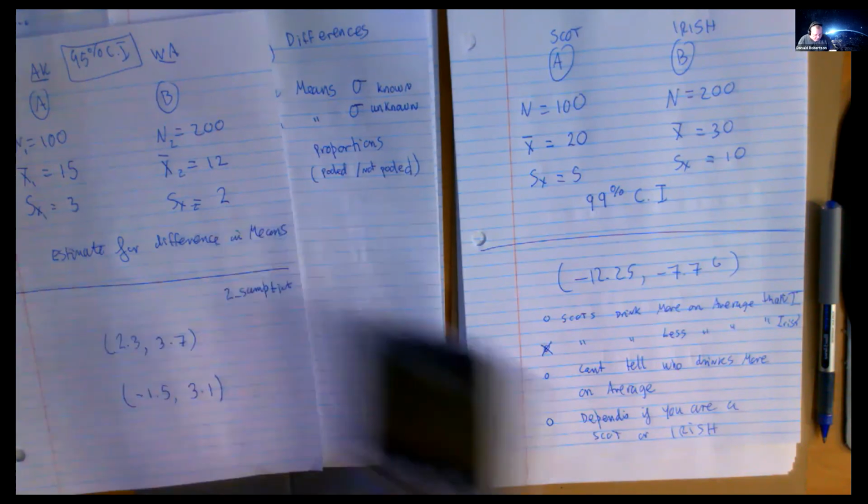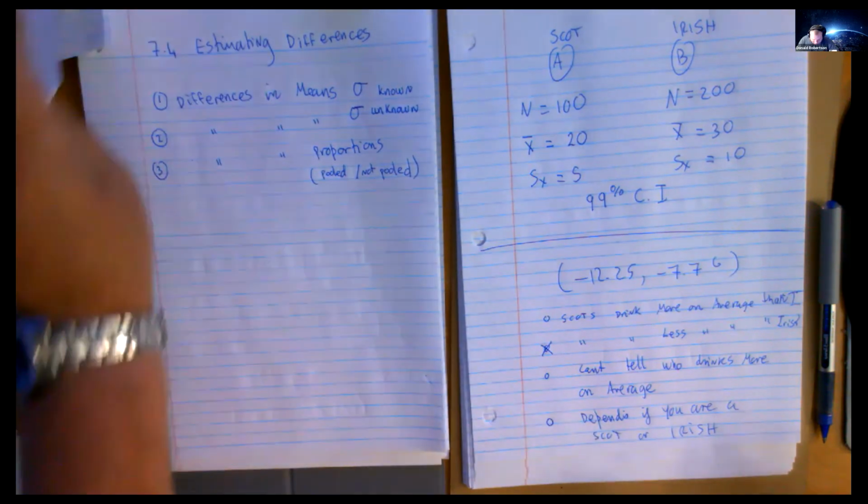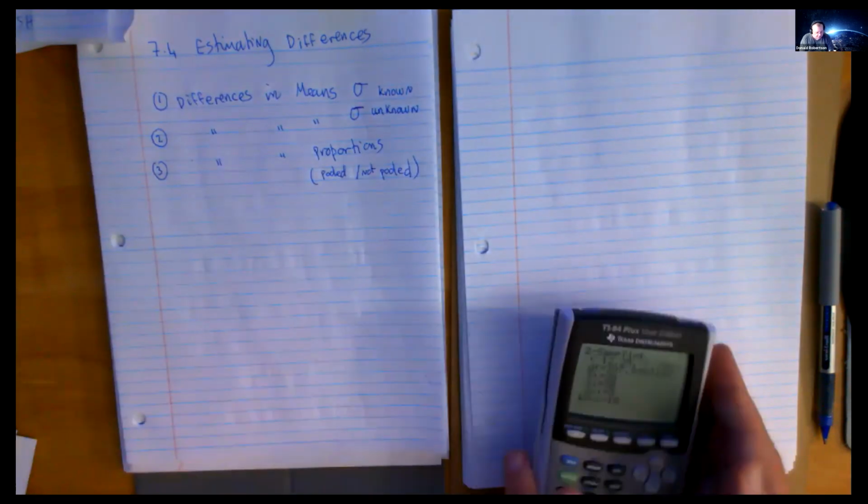Now, there's another flavour of that same question, which I'll just do as a kind of last version of that, and then we can move on to the last topic.